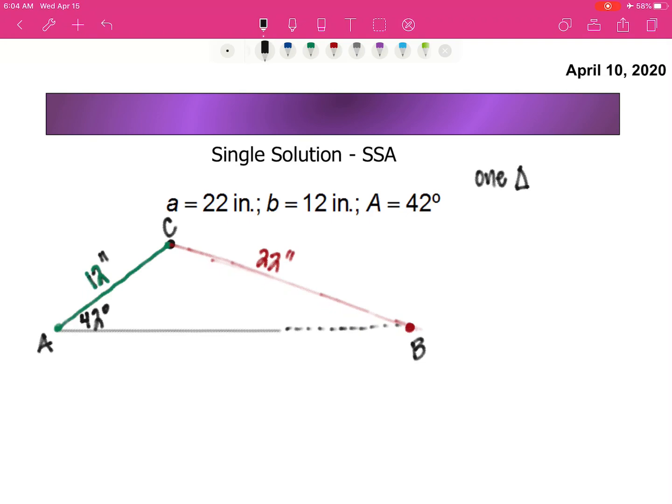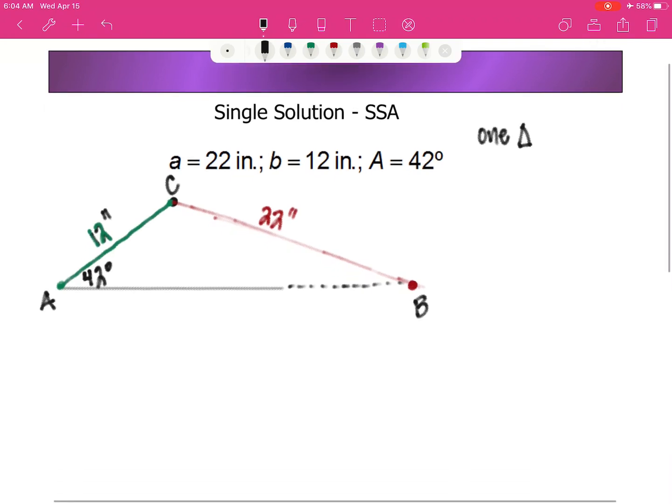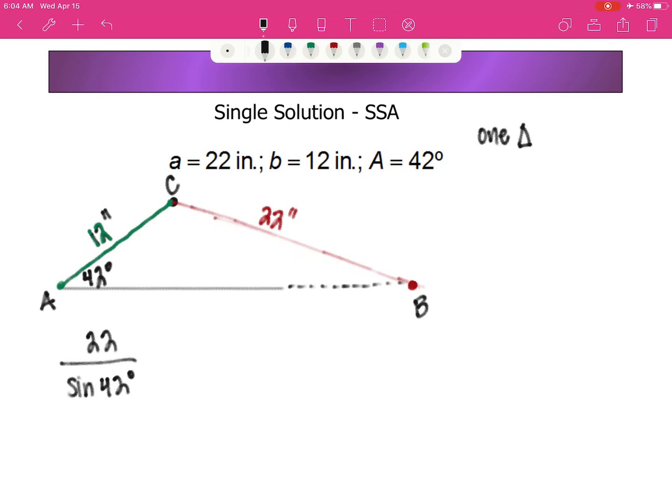Now I can solve it. So I'm going to have 22 over the sine of angle A, is equal to b, which is 12, over the sine of angle B, equals... look at that, I've got a ratio where I know nothing.